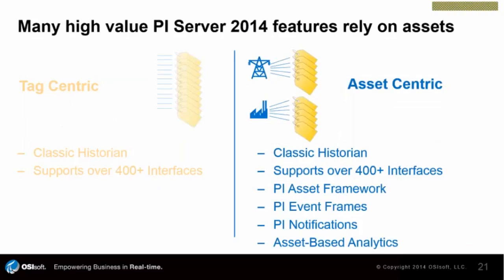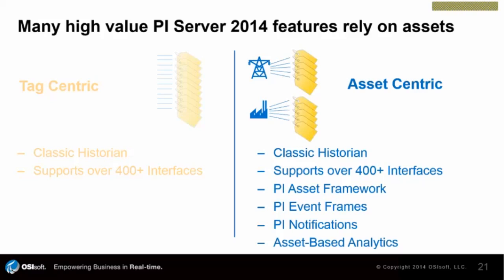As you will see in a few minutes, PI Server 2014 has many features, especially the new analytics engine, that relies on having assets in your PI system. Now, that doesn't mean that the traditional strong points of the PI Server, where it is an awesome time series data historian with 400 plus interfaces, no longer remain.